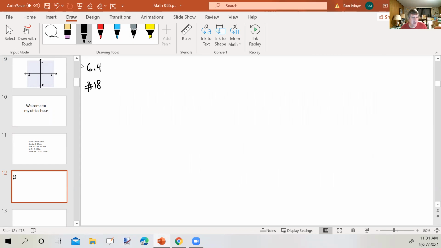A reminder, your number 18 may not be exactly like this, but it will be similar. It says factor. If the expression is not factorable using integers, write prime. So we have 3p to the 4th minus 48q to the 4th.